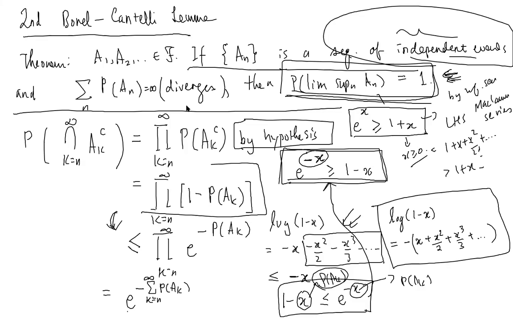Now this is where your second hypothesis comes in useful. The first hypothesis is here, independence. This is the second hypothesis: the sum is divergent. So when the sum is divergent, what will happen? Look at here.